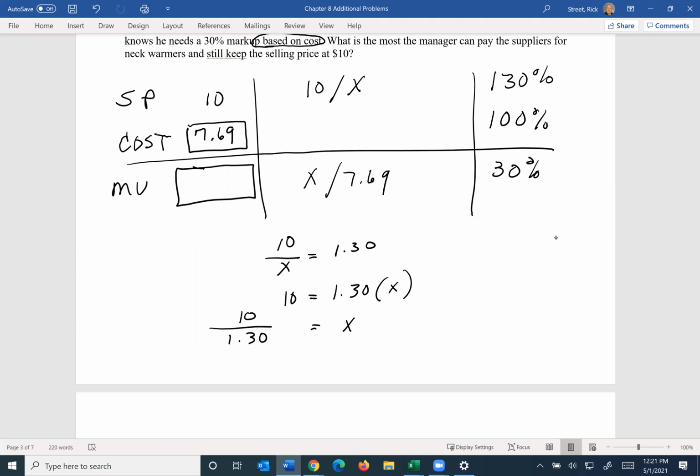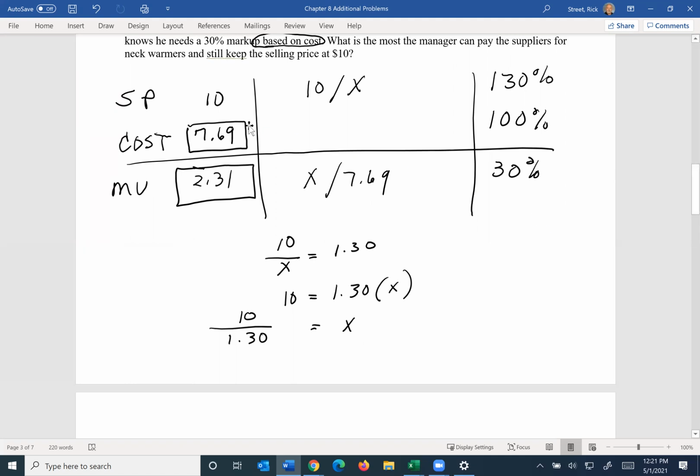If we did the calculation, that's $2.31. And let's see if that works backwards. $10 minus $7.69 equals $2.31. We're good to go backwards and forwards.